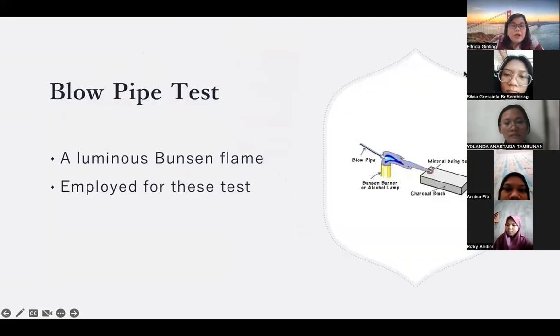Now, there are also heating tests like this, dry tests. You can see this is the material, and this is the Bunsen flame. What you do is you don't put your material directly in the flame, but you blow the flame so that it touches the material.